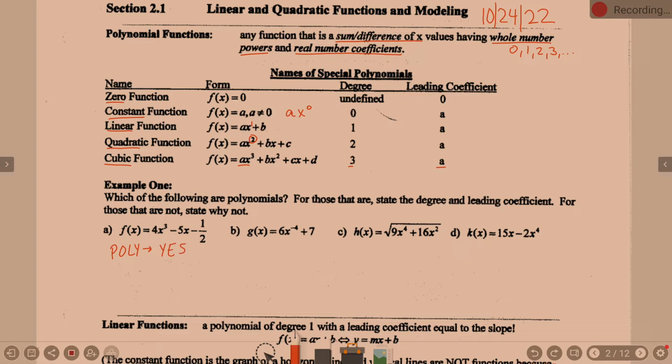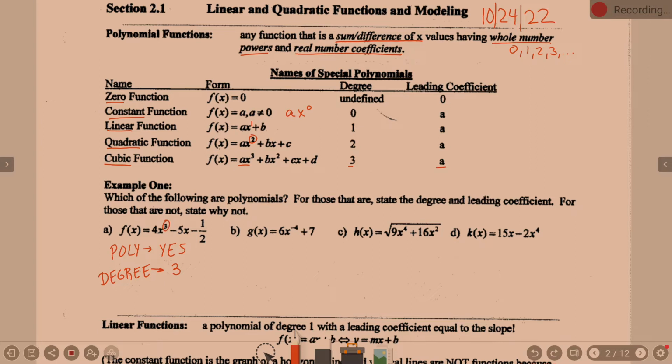Yes, it is a polynomial. Okay. It is a polynomial. What would be the degree? Cubic. Okay. 3 or cubic, depending on what they're looking for. It's a degree 3 or cubic because that's the highest power, yes?